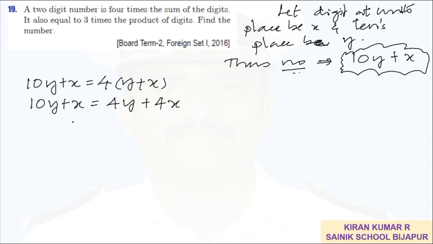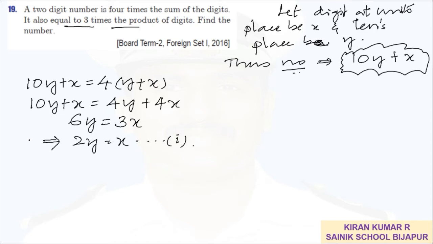Upon transposing, we get 6y equal to 3x, which is nothing but 2y equal to x. Let me call this equation 1. They have also given that it is equal to 3 times the product of the digits. So the given number 10y plus x is also equal to 3 times the product of the digits. Now this is our equation 2.